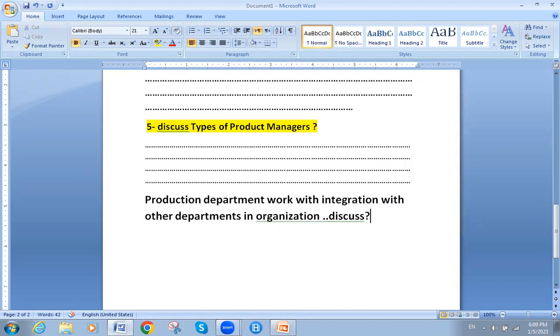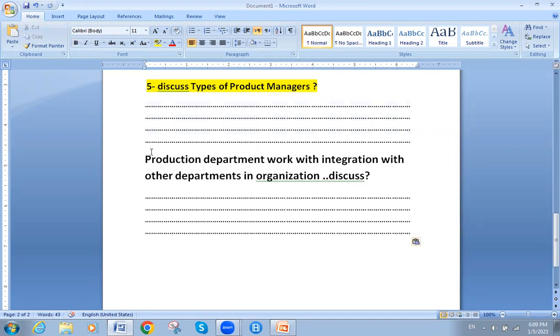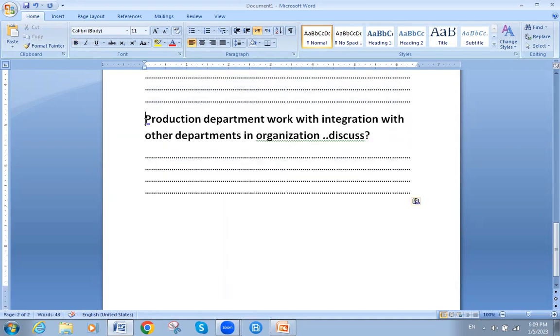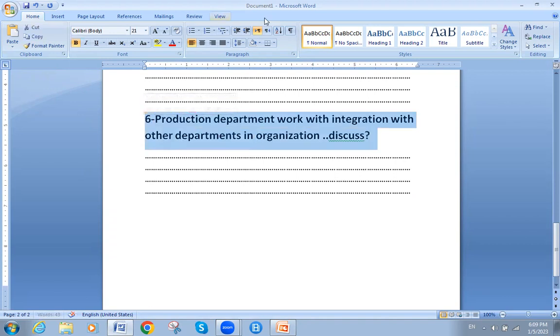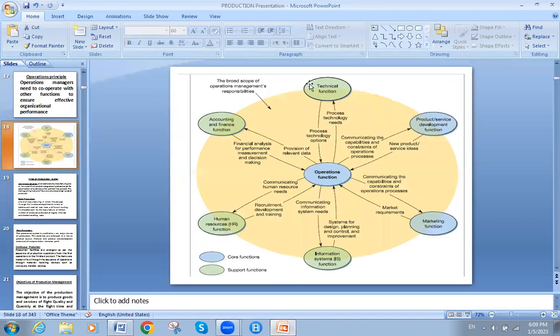So you will write at least this figure, which we saw just now. This is the first question today, question number 6. Yes, it will work in integration with the other departments, like we saw here exactly.